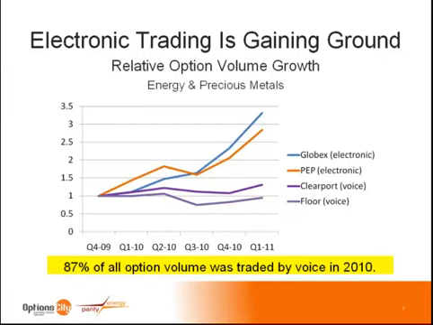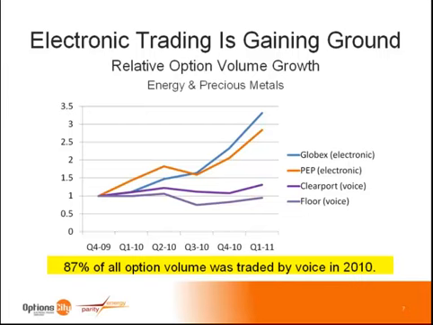So these are the average daily volumes starting as of the last quarter of 2009, all normalized at 1. And clearly the two trading avenues that have grown the fastest over the last 6 quarters have been electronic trading avenues. What this chart does tell us, however, is that 87% of all option volume was traded by voice in 2010.